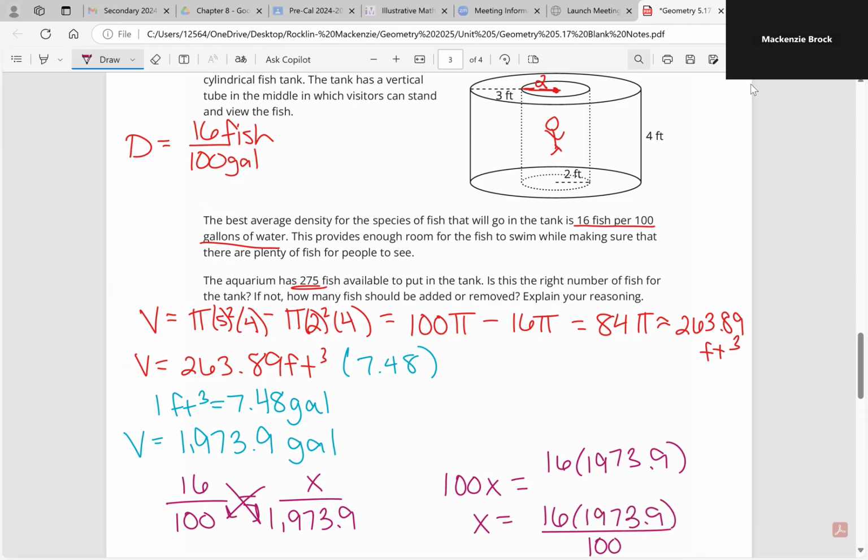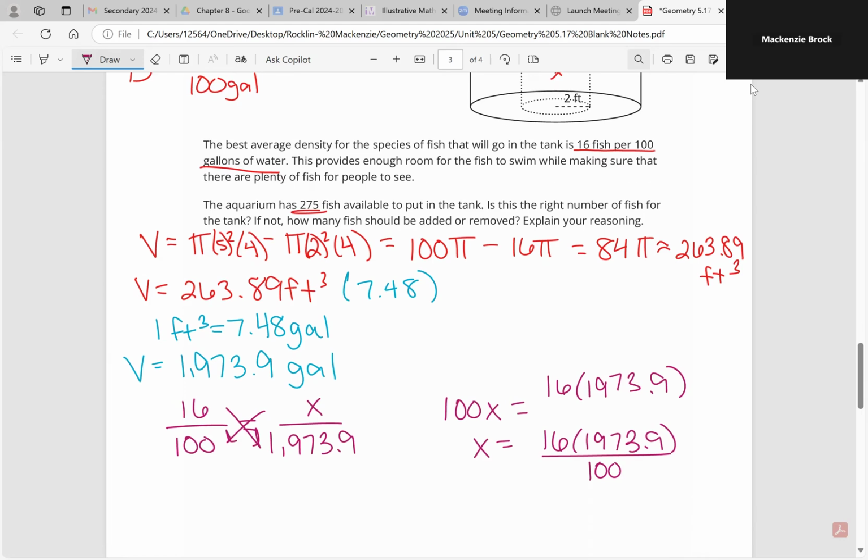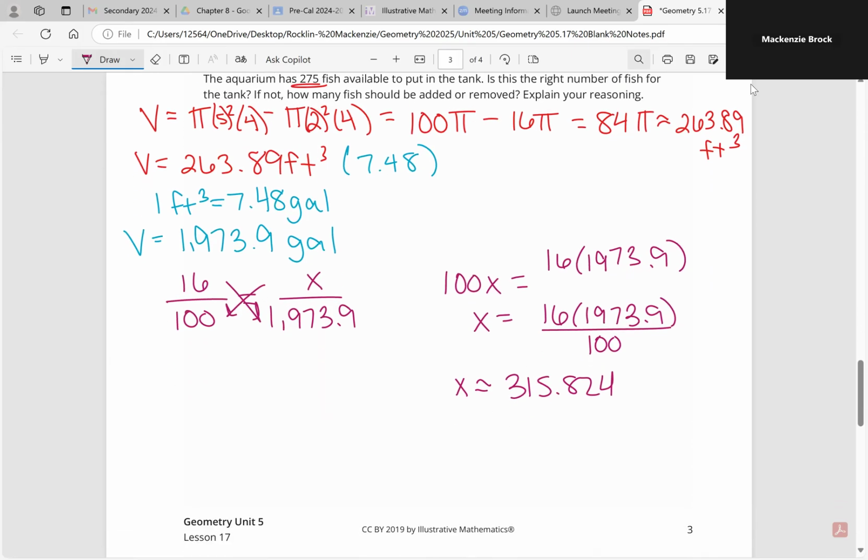I'm just going to plug all of that into my calculator to make it easy for myself. And I get 315.824.